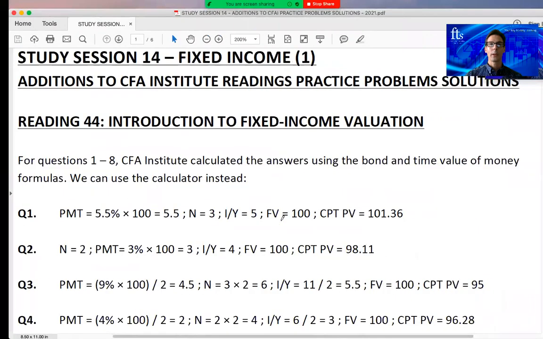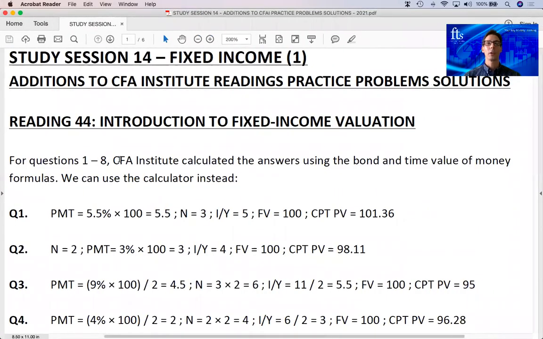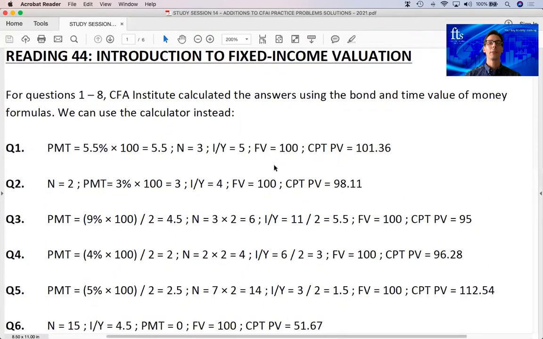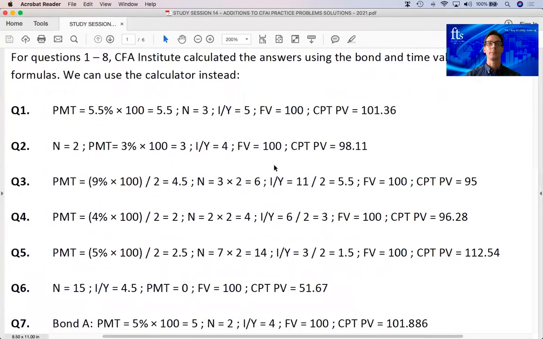Remember the other additional notes that we send you for the additions to the CFA Institute readings, the practice problem solutions. So for these first 8 questions of the practice problems of this reading, the CFA Institute was using the time value of money formulas, right?